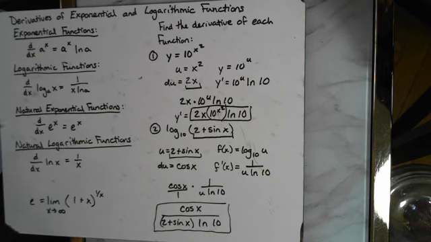Let's look at the natural exponential function next. E is a number. It's defined using a limit, actually. So we learned about E last year and how to actually calculate it, and we did it on our calculators. But it's the limit as x approaches infinity of 1 plus x to the 1 over x. This number shows up a lot in scientific applications, so you'll see it a lot when you go into the sciences.